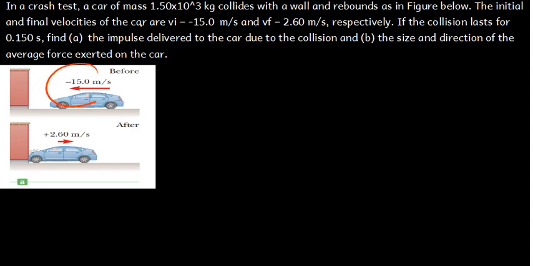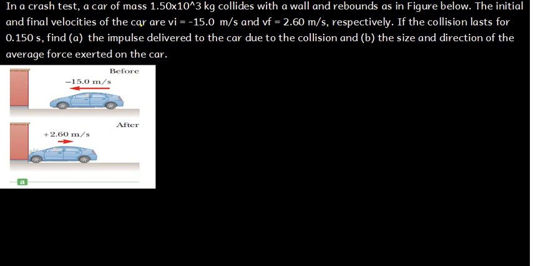Then after hitting the wall, it started coming toward the positive x-axis, or toward east, with the velocity of 2.6. Now this velocity has to be positive because it's now moving toward the positive x-axis. That is very, very important.